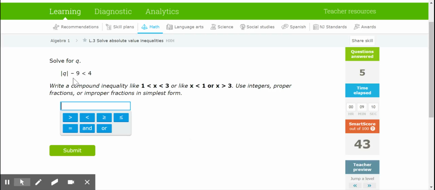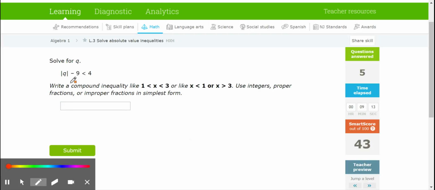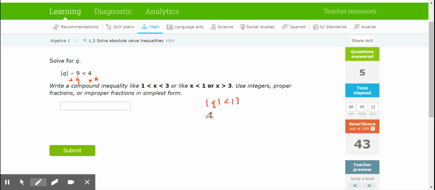Okay, this would be the same, it seems. Adding 9, we've got the absolute value of q is less than 13. So the absolute value is isolated, q is less than 13, less than, intersection, take what's inside, flip, solve for the opposite.